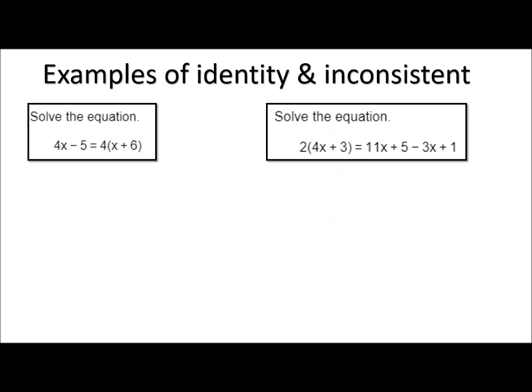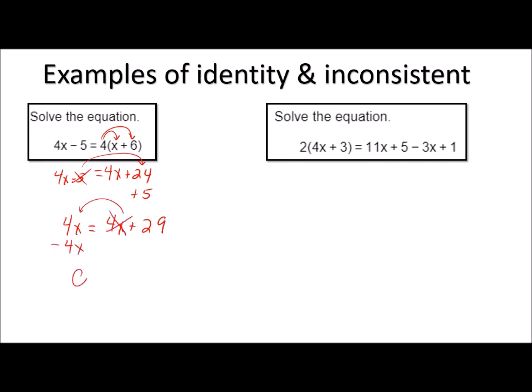Now here are some other examples of what could happen. In this first problem on the page, if I use a distributive property, notice that I get 4x plus 24 over on the right-hand side. Now when I go to move terms, for instance, that negative 5 comes over to be positive. I have 4x equals 4x plus 29. And I move that 4x and it becomes a minus.